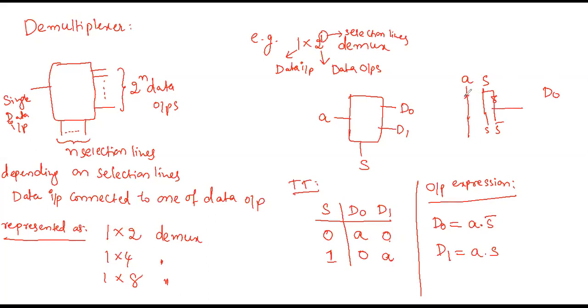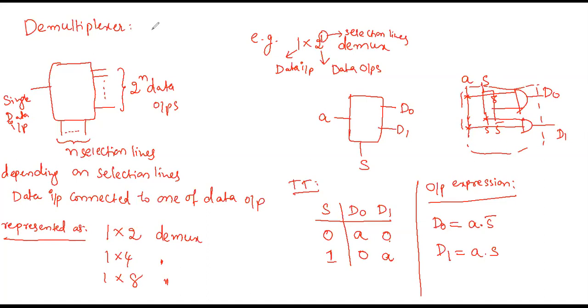This is S, this is A, and this is D0. Similarly, D1 is equal to A into S. This is S, this is A. This is the internal diagram.